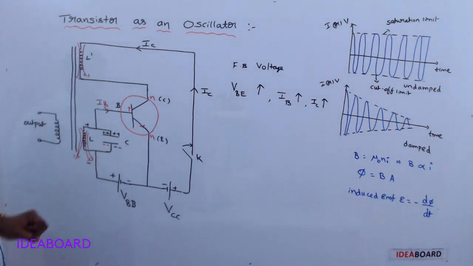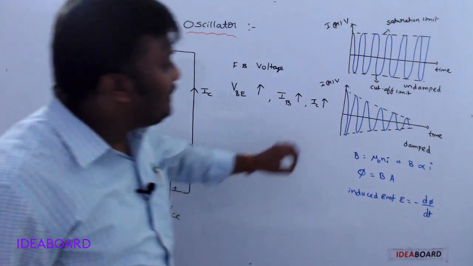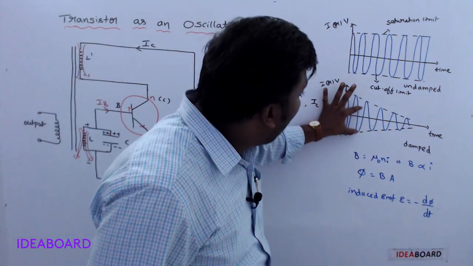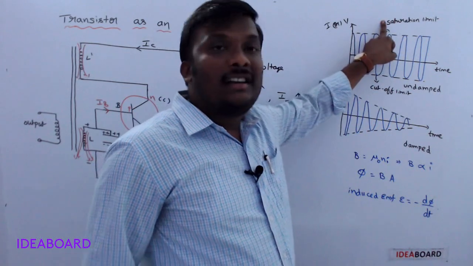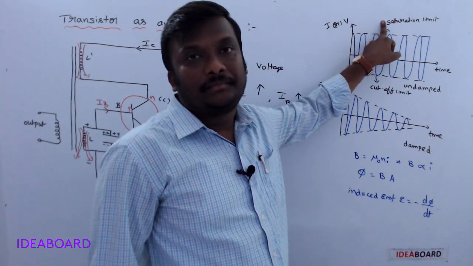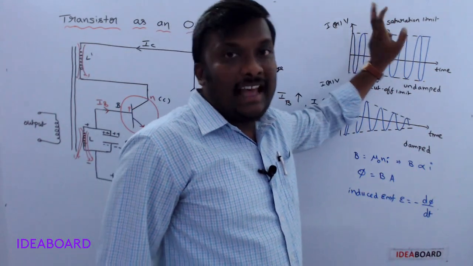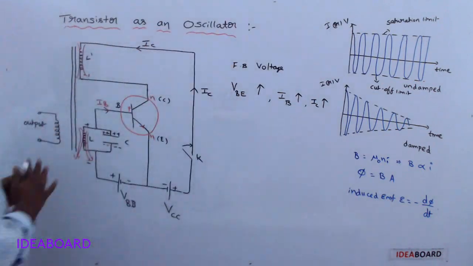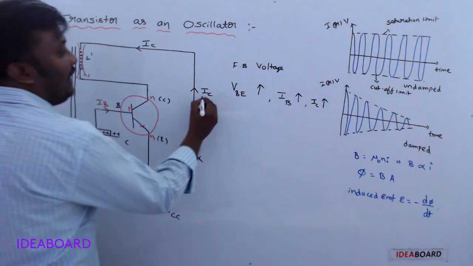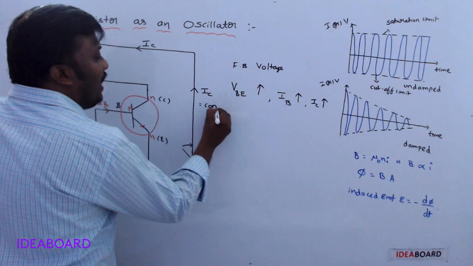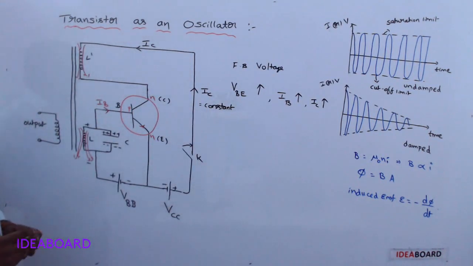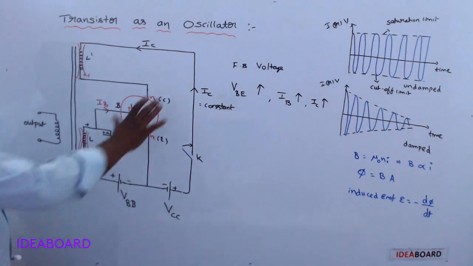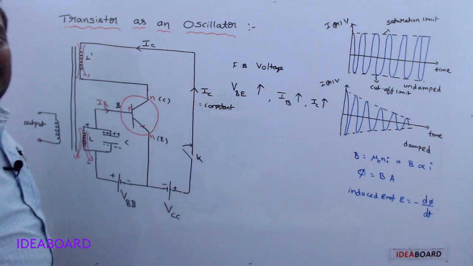Whenever the charge on the capacitor increases, what happens? See here, the value increases until it reaches the saturation limit. At this limit, IC becomes constant. At the saturation limit, current IC always remains constant.